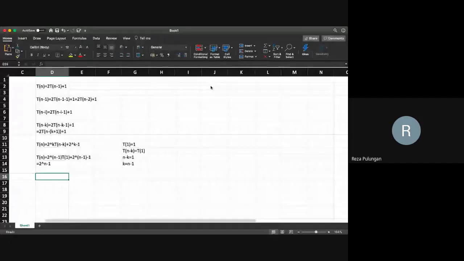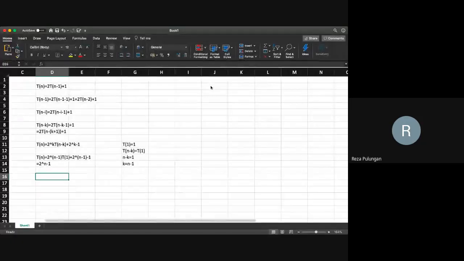So our formula previously is this one, Tn divided by 2 to the power of k. I will set this equal to T1. What is the consequence of this one? The consequence is n divided by 2 to the power of k will be equal to 1.